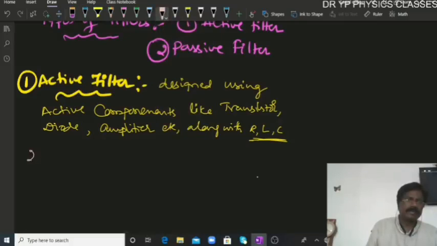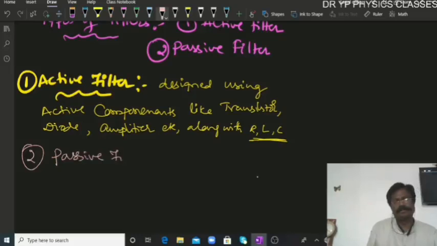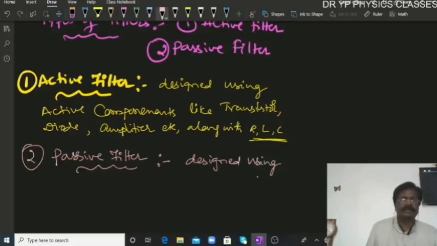And number 2, second one is passive filter. So what is meant by passive filter? This passive filter is designed using passive components.